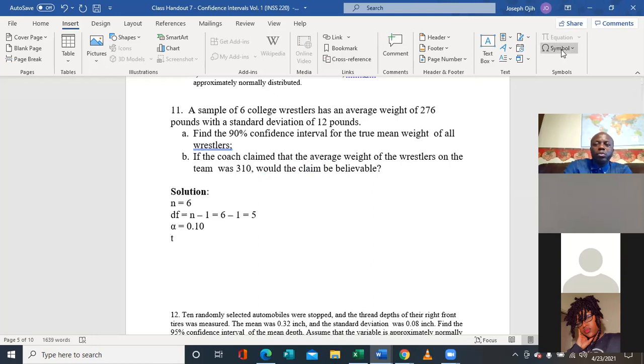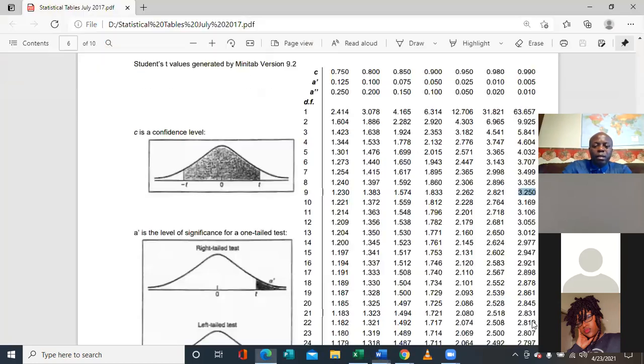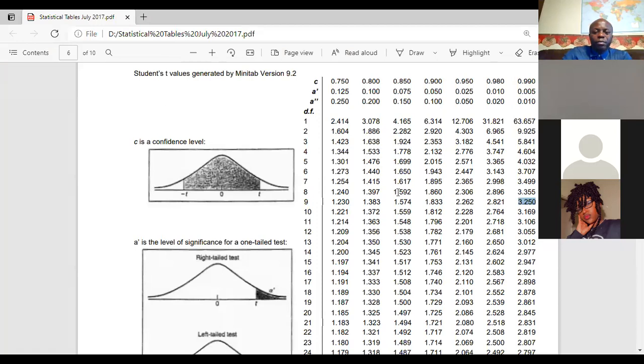Now we go to the table and get our t alpha over 2 from the table. We have it here, under 5 and under 0.1, which is 10%.